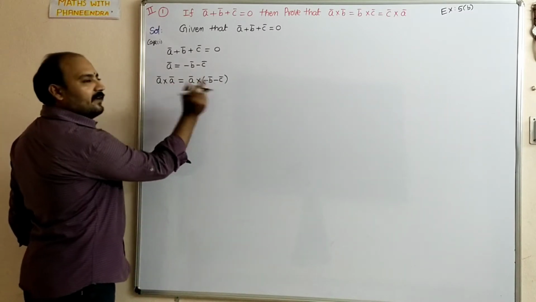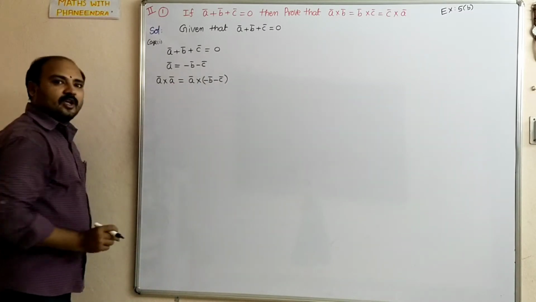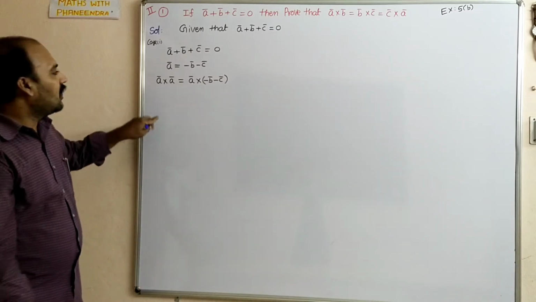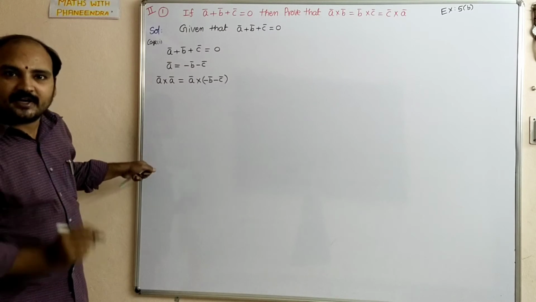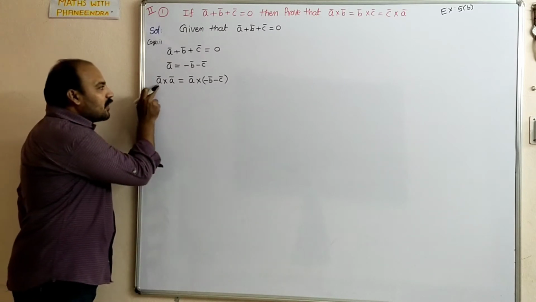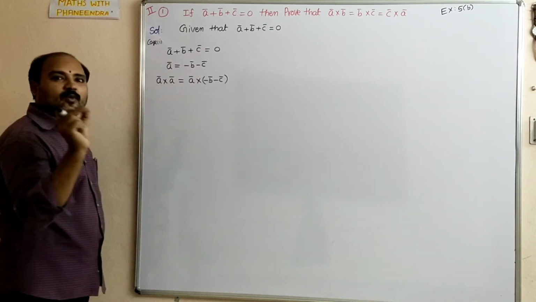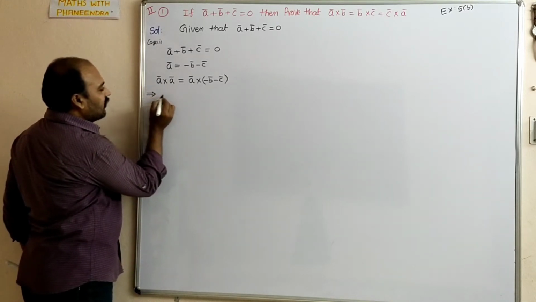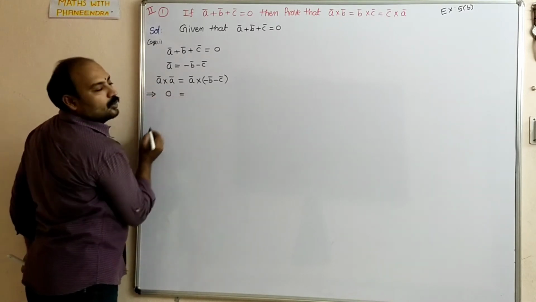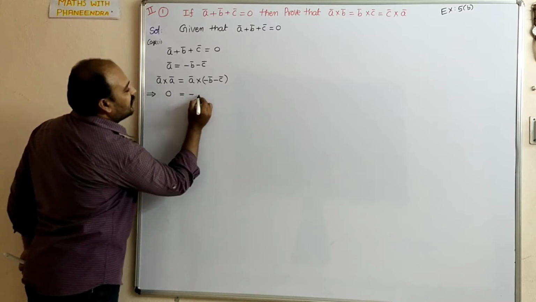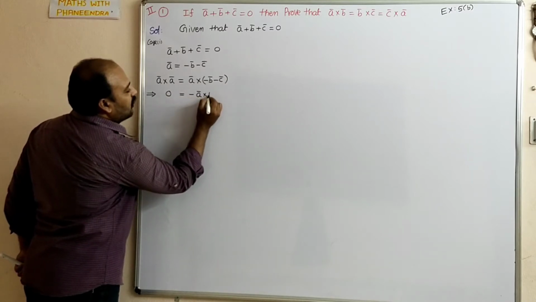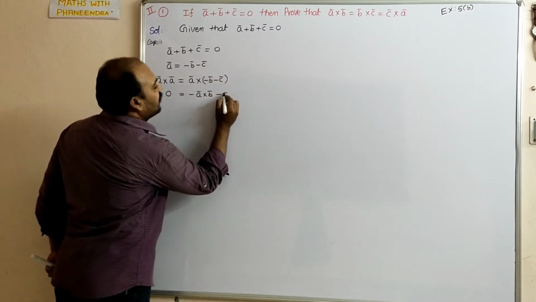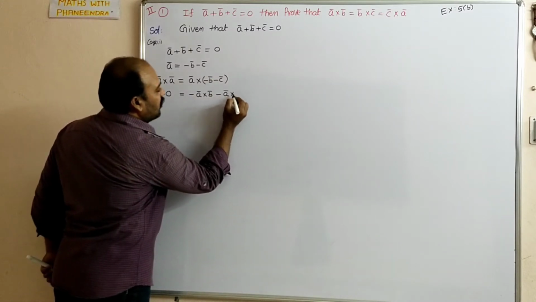Each and every vector in the RHS you can multiply with a bar. We know that in cross product, the cross product of two identical vectors is equal to 0. So, this value goes to be 0, which is equal to minus a bar cross b bar minus a bar cross c bar.